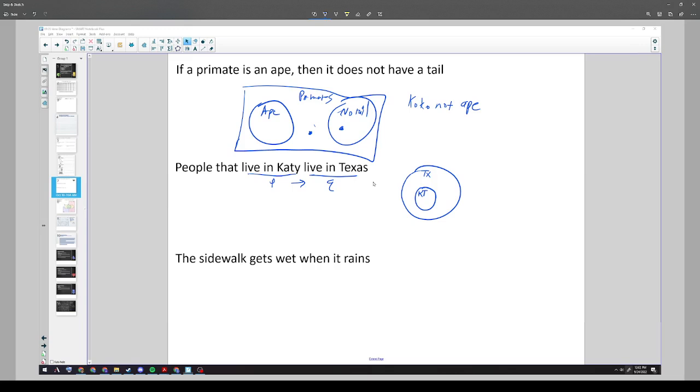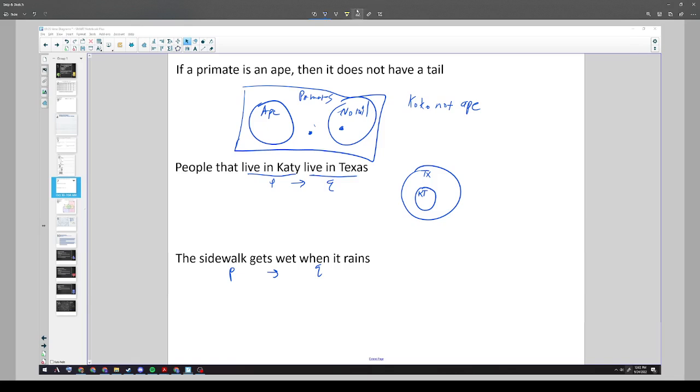And then the last one says the sidewalk gets wet when it rains. So this one is a conditional, but we've got to be really careful with this one. This one's quite tricky because it doesn't say if P, then Q. It doesn't say if the sidewalk gets wet, then it rains.